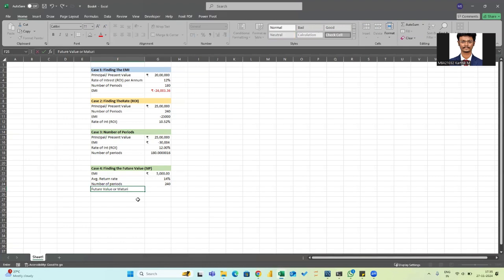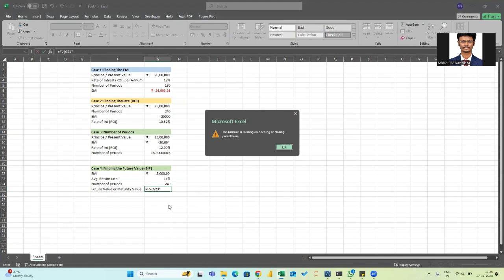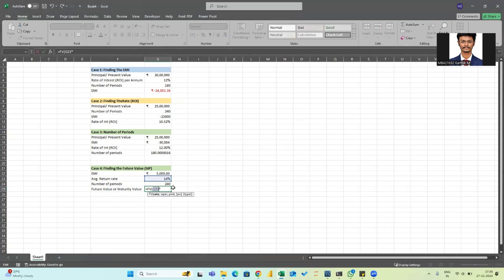So future value or maturity value equals FV. Rate is 10% divided by 12. Number of periods is 240.